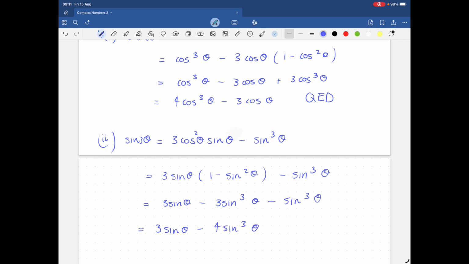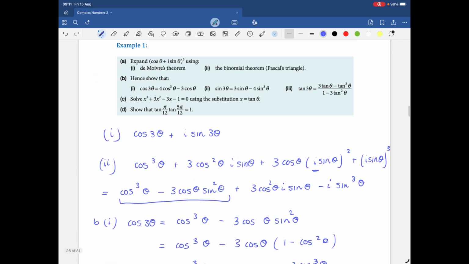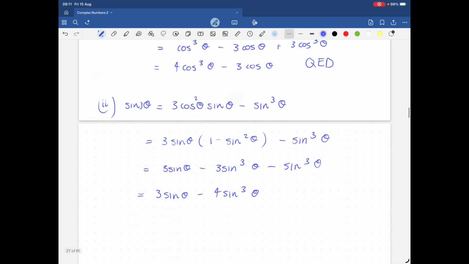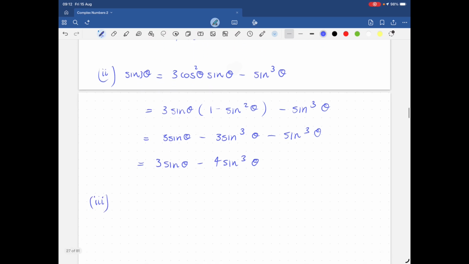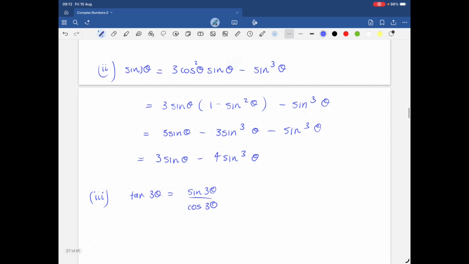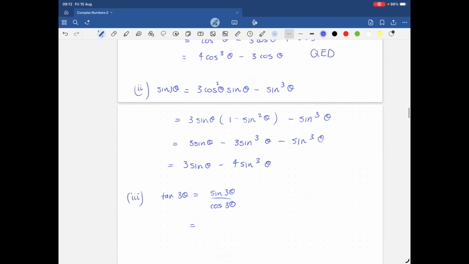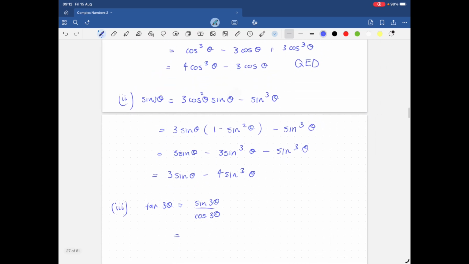And that's that done. And then part 3, we've got to prove that tan 3θ is that. Now we should know by the time we're in extension 2 that tan θ, and same as tan 3θ, is sin over cos. So sin 3θ over cos 3θ. But we have expressions for sin 3θ and cos 3θ now.